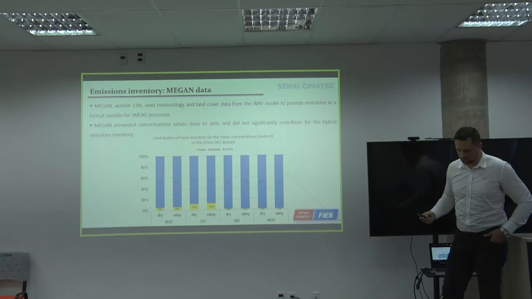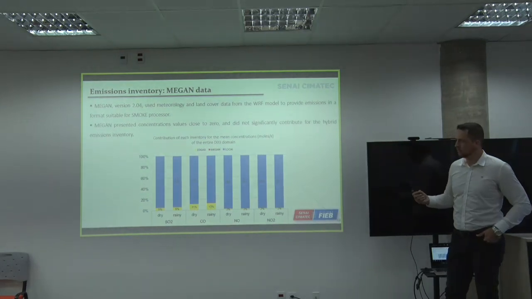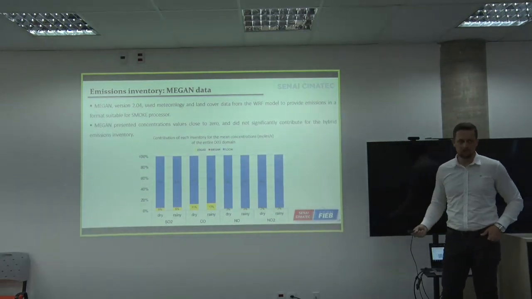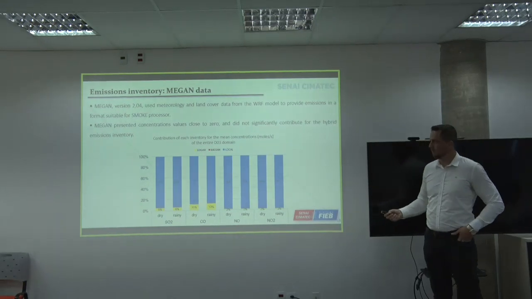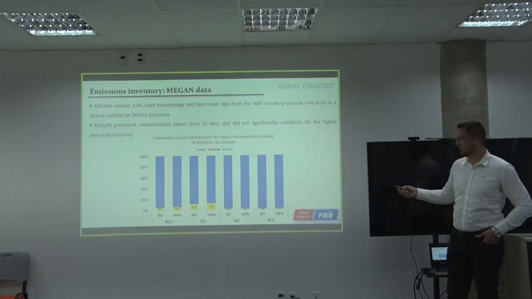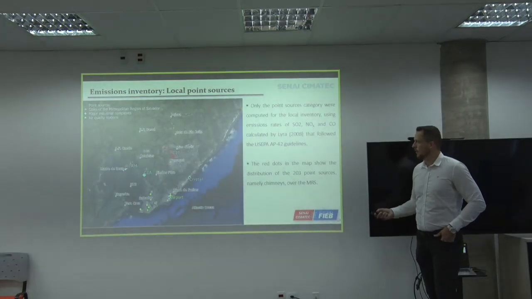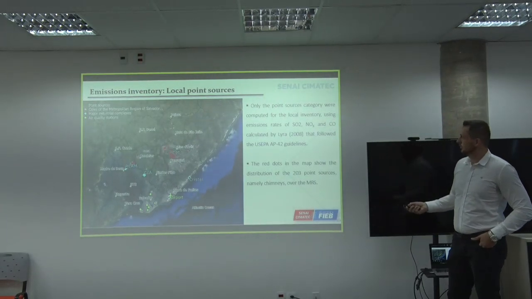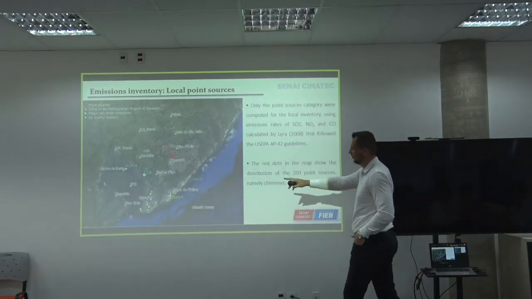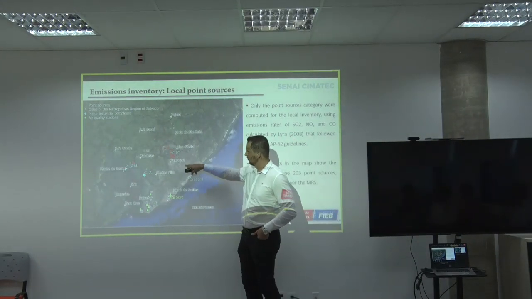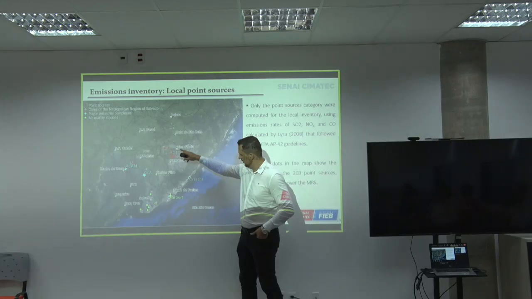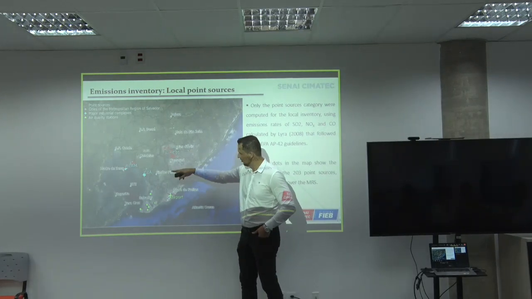We have also used emissions from biogenic sources using the MEGAN model, but their contributions are very, very low. And as I said, we have this information for the industry and anthropogenic emissions.